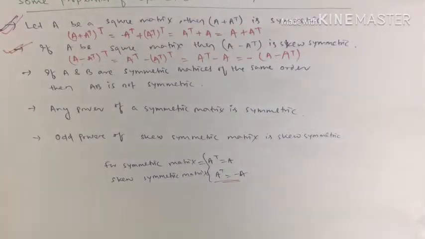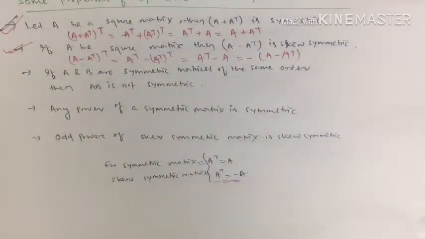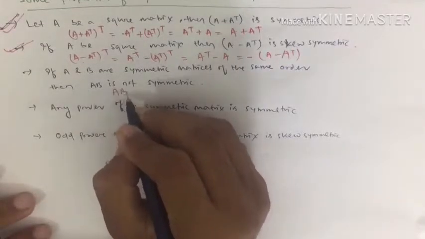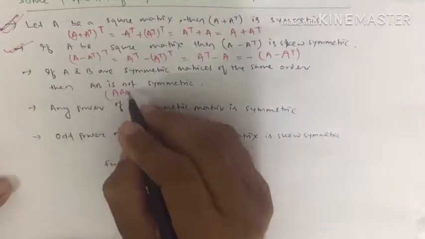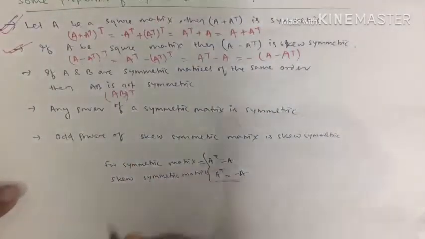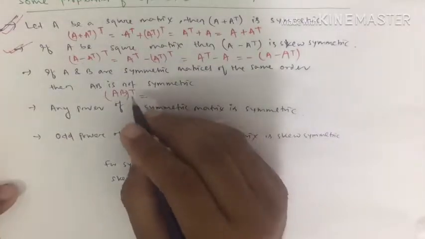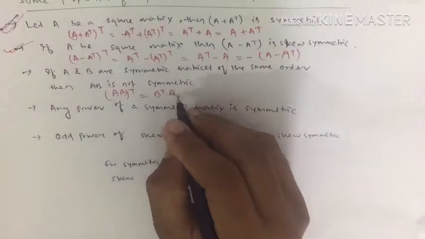Let's move on to the third property. If A and B are symmetric matrices of the same order, then AB is not necessarily symmetric. This is important to show you. To check whether AB is symmetric, you just take the transpose of AB. In properties, you already studied that the transpose of AB is equal to B transpose into A transpose.